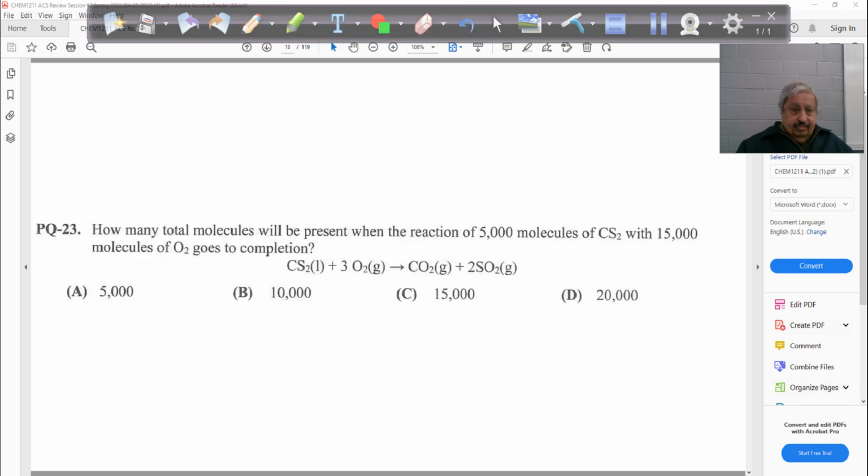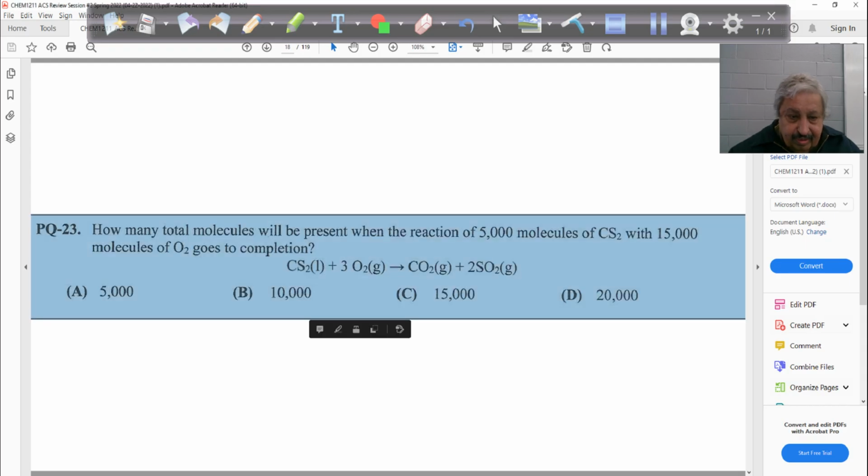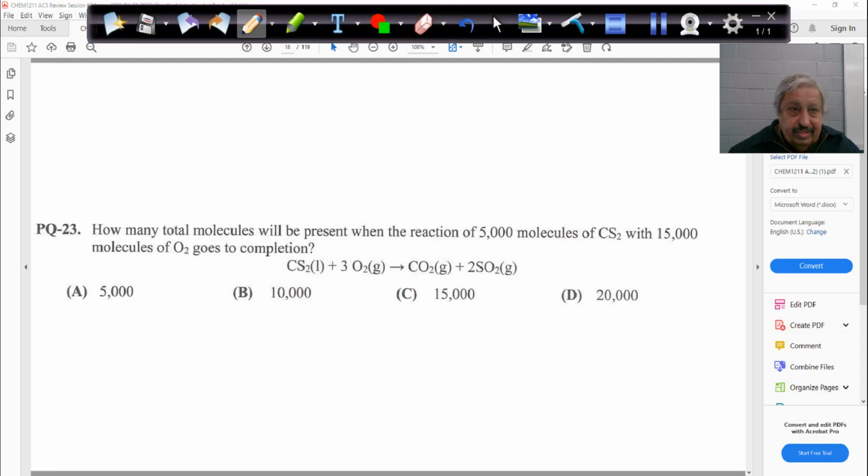So let's do this one here. How many total molecules can be present when the reaction of 5,000 molecules of CS with 15,000 molecules of O2 goes to completion? It's the same thing we did, we just have to see which one is limiting. This one, how many? 5,000, correct? And this one? 15,000.